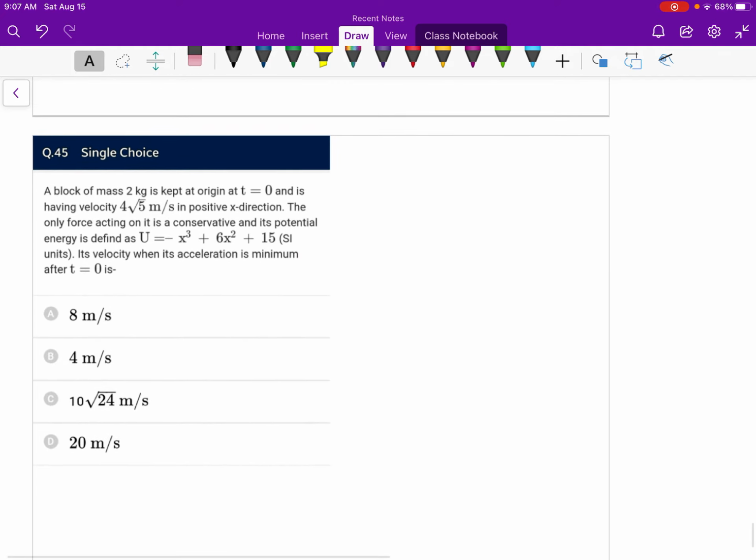A block of mass m has a potential energy U; find its velocity when its acceleration is minimum. Acceleration is minimum when force is minimum. If a is minimum, then F is also minimum.